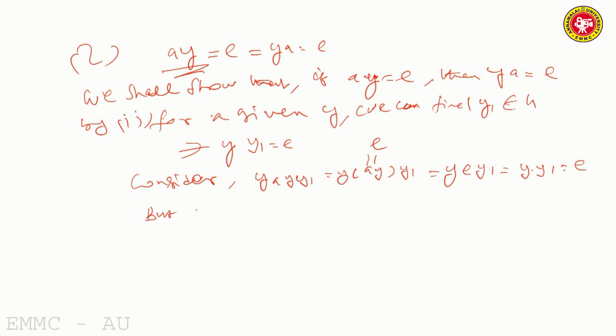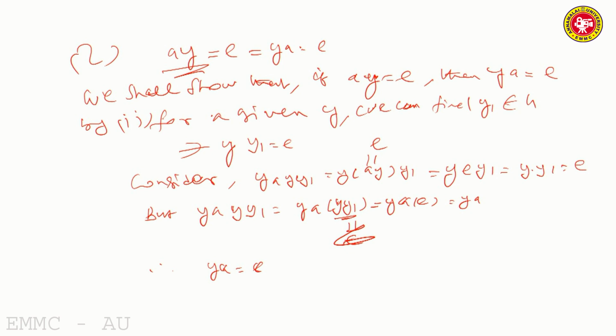But YAY1 is equal to YA into E, which is equal to YA, because this Y1 is equal to E. Therefore, YA is equal to E, which is what was given here.